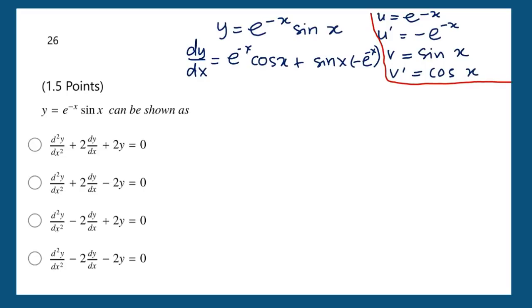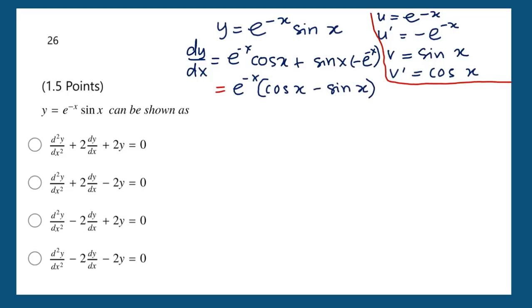Since we can just factorize out the e to the power of negative x, we can write this as e to the power of negative x times cos x minus sine x.